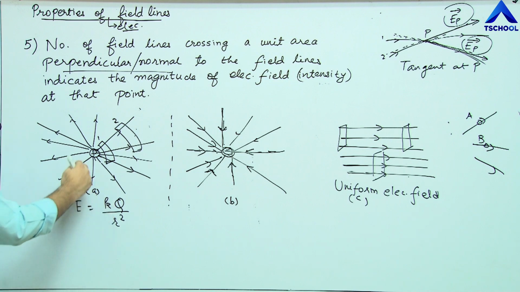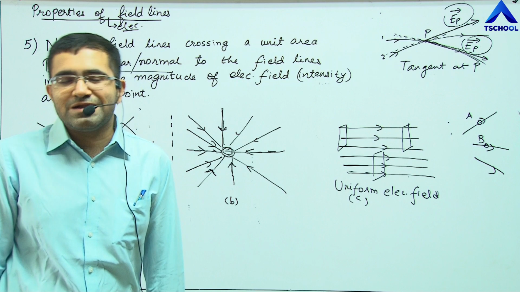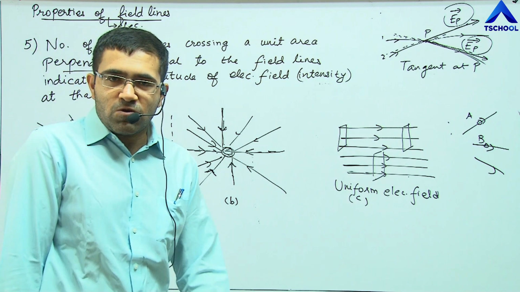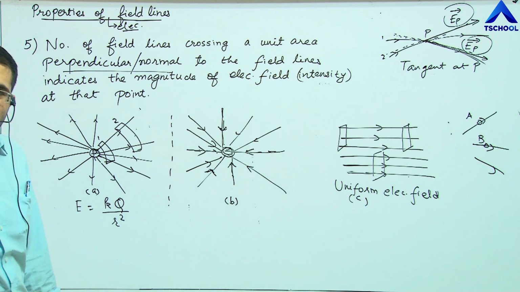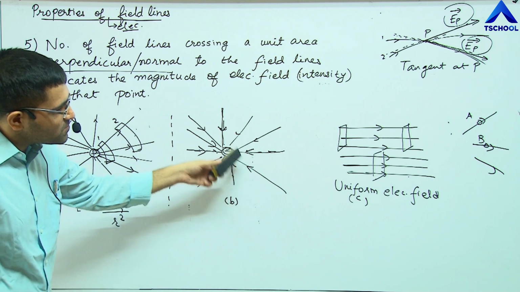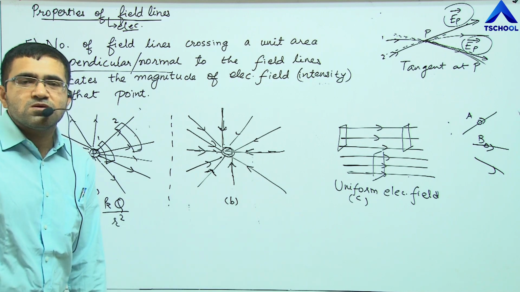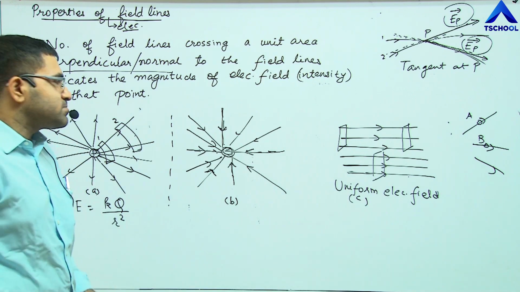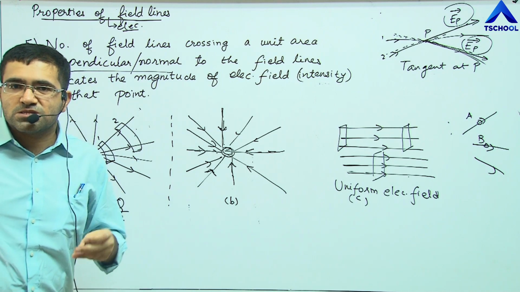So if distance increases, the magnitude of the electric field will decrease. Okay, so keep all this in mind. So that's property number 5. Obviously the same thing applies over here as well, but there's no need to show it for each of the diagrams. Okay, so these are the 5 properties of electric field lines.